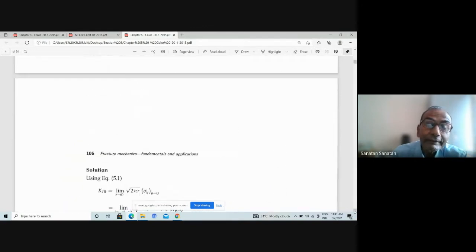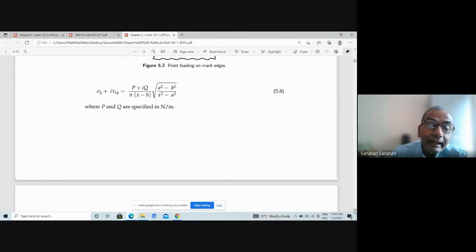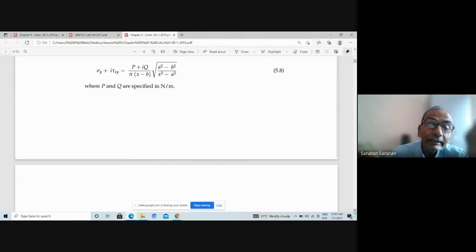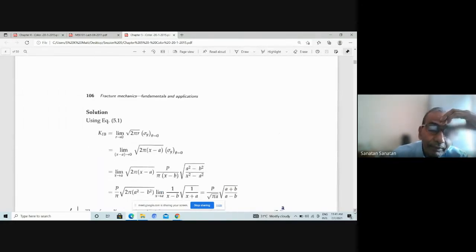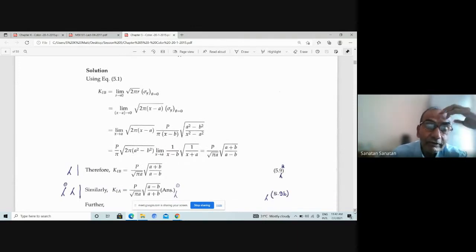So just simply, we take this solution, and the sigma solution will be dependent only on P, and therefore I can write this expression for sigma y at theta equal to 0, y is 0, so it gives this expression. And then once you go on simplifying, x minus a will cancel with this, and therefore finally this becomes limit x tends to a of this expression, and finally the mode 1 SIF at B is going to be P by root pi a into square root of a plus b by a minus b.